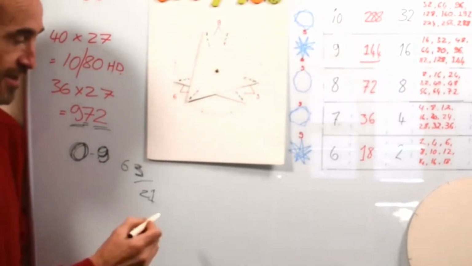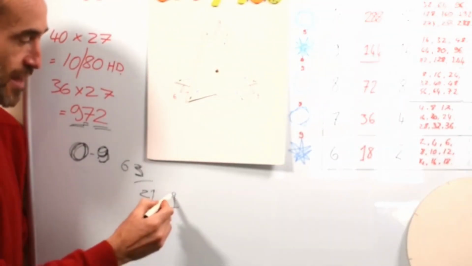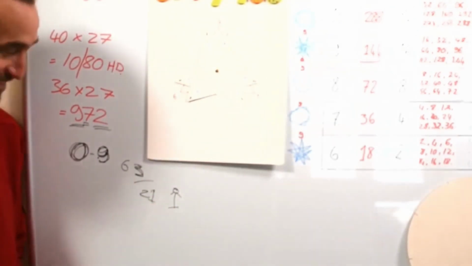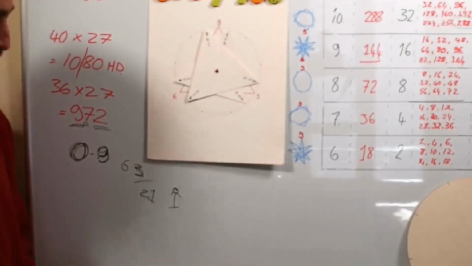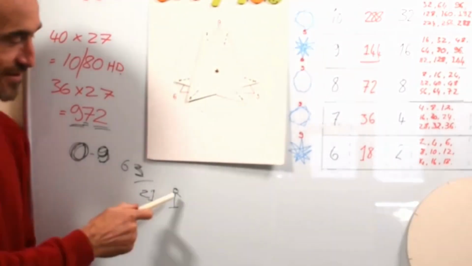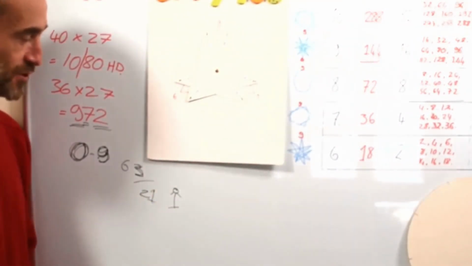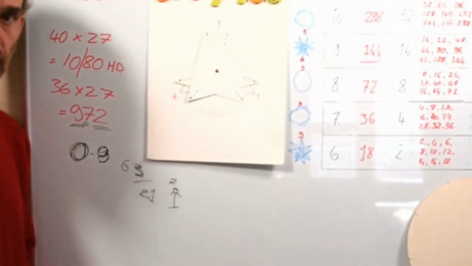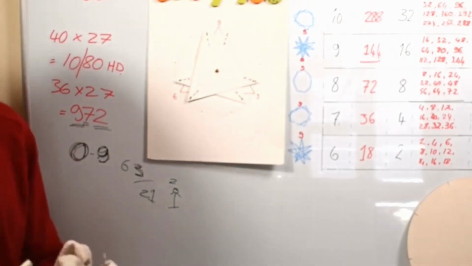The 1 is a body, and that's who we are as individuals. But the 2 doesn't break down any further.